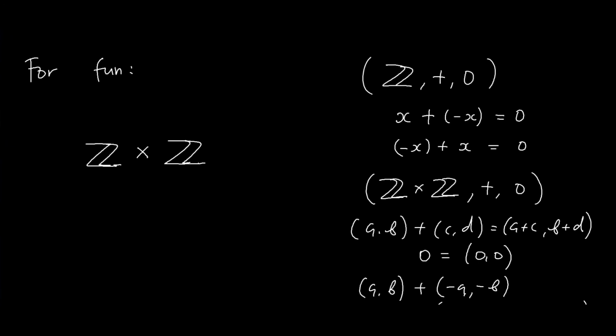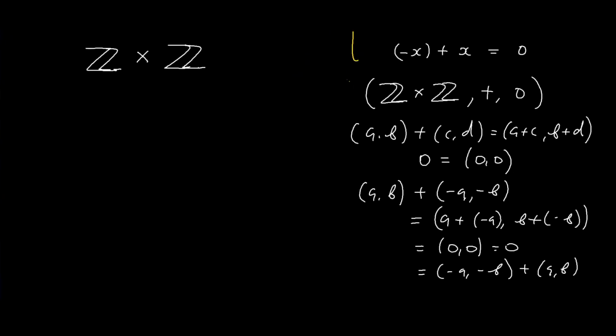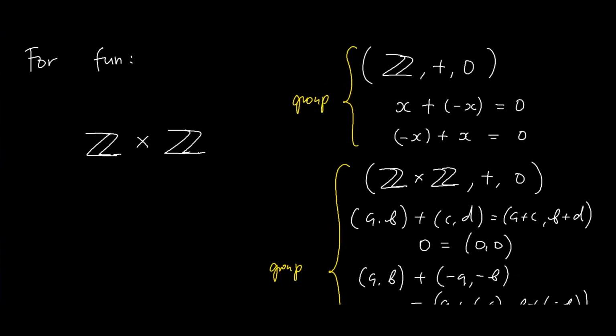I don't remember if we defined what a group was in the first lecture. We did certainly define what a monoid was, but this monoid together with that gives us a group. And this shows that we have another group here, Z cross Z.